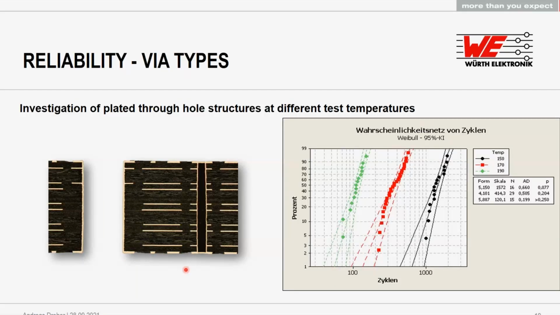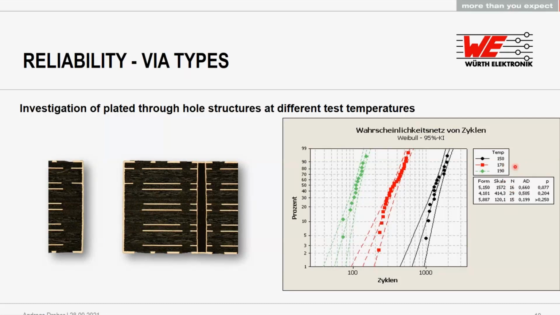Another investigation is test temperature. Again, we used conventional through-hole boards as shown before, and we have tested different test temperatures. So we put them at a test temperature of 150 degrees shown in the black curve, and we got a statistical value of 1,500 cycles.